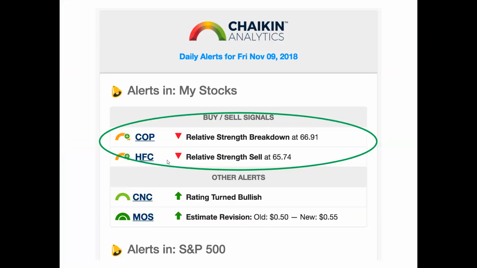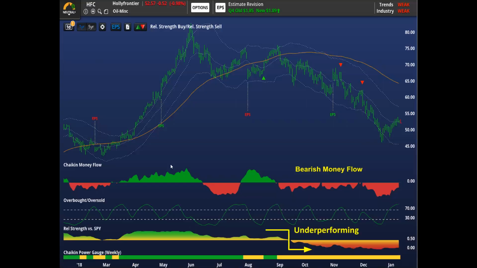It was a widely owned name for a while, but on November 9th, it triggered a relative strength sell signal. Now, the stock had a good run, started to go sideways, and then relative strength began to waver, and money flow was bearish. So institutional investors were selling the stock.